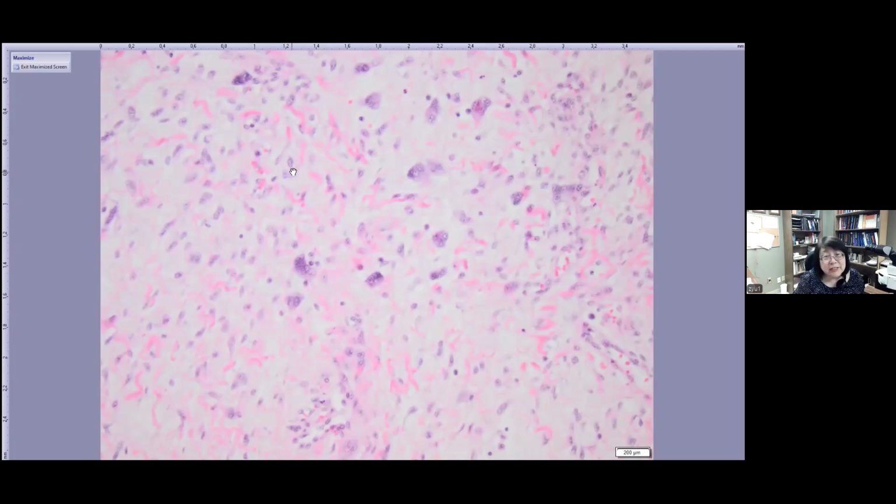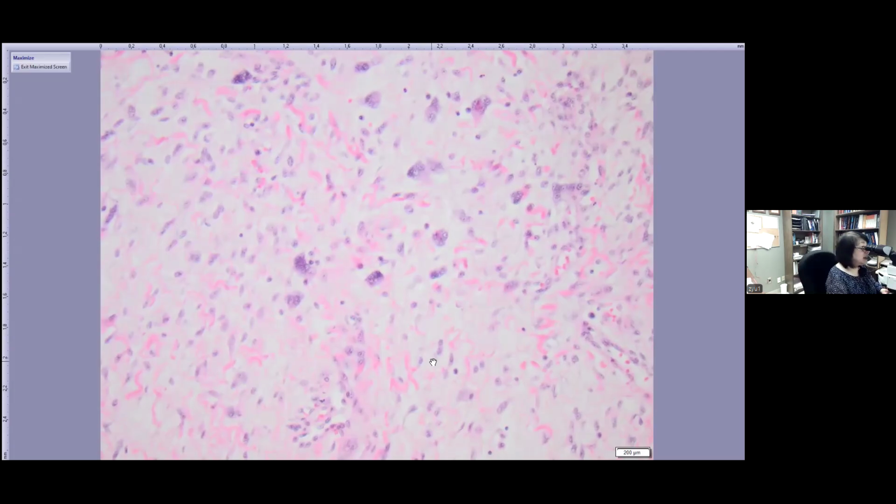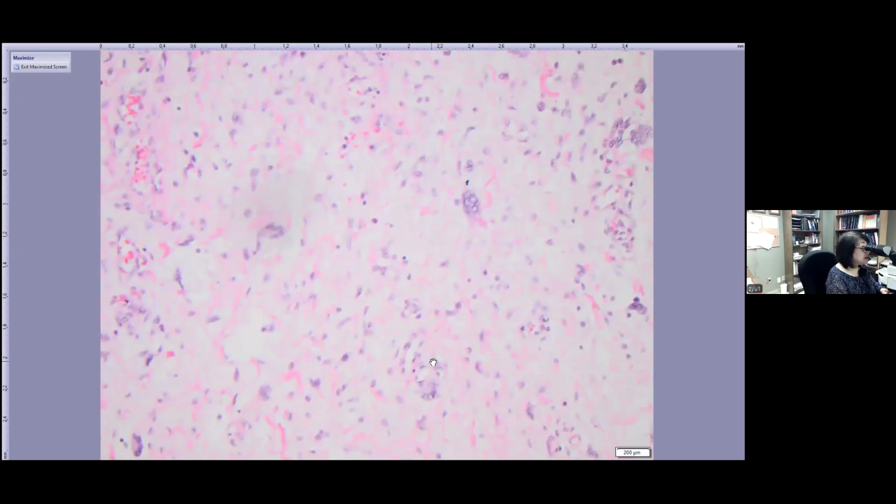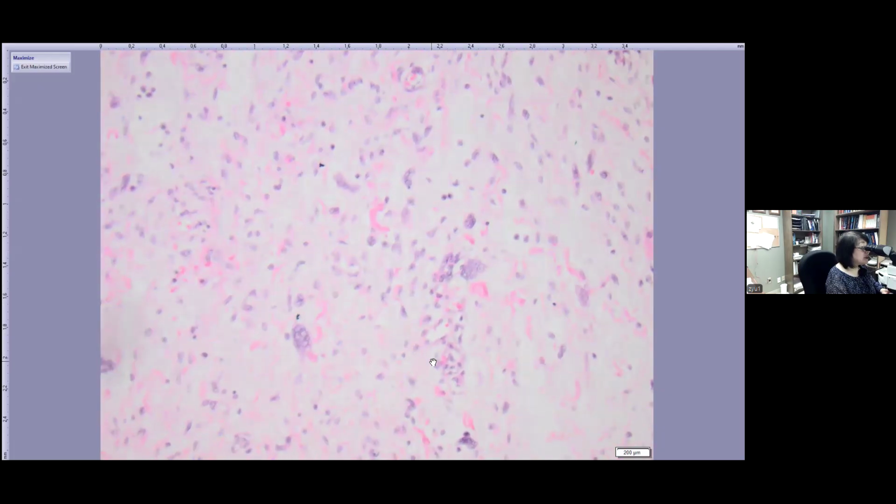So the majority of cells are spindly, producing collagen, a fibroblastic, myofibroblastic proliferation with some giant cells. That's the majority of this lesion. This area shows you giant cells. That's giant cells.